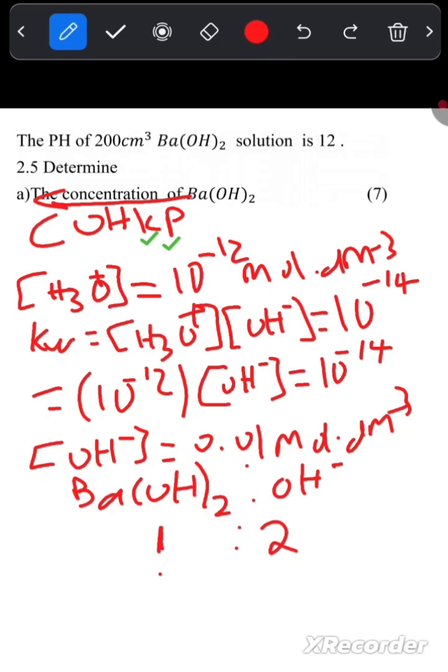So what is the concentration of the barium hydroxide?